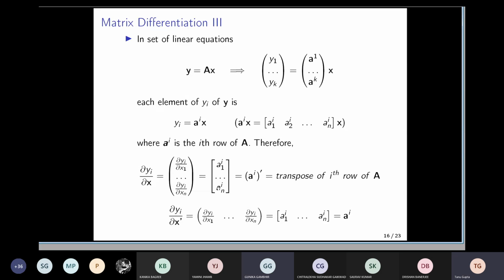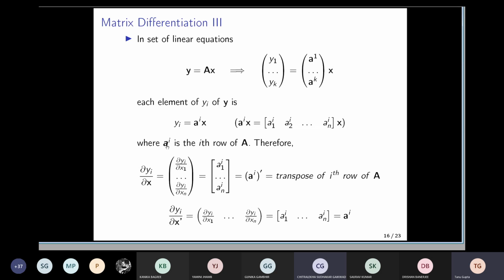So what I'm saying is that del yi by del x is nothing but Ai transpose. I hope it is clear why it is Ai prime. If it is not clear to you, then I can repeat it. Ma'am, is this Ai itself a column vector? Ai is a row vector.